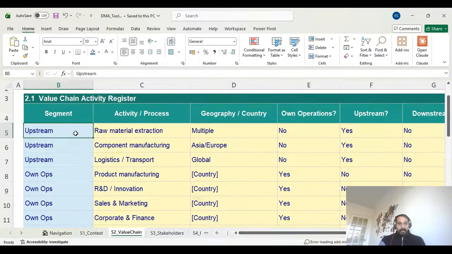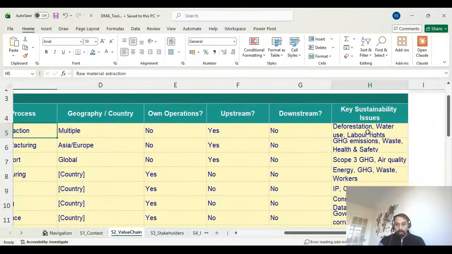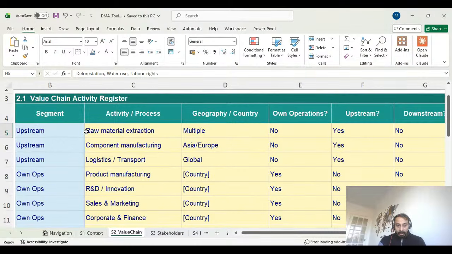I have mentioned already, the segment is upstream. For example, raw material extraction shows risks like deforestation, water use, and labor rights. That is a sustainability issue for a particular company and its products, and the geography and countries are multiple.